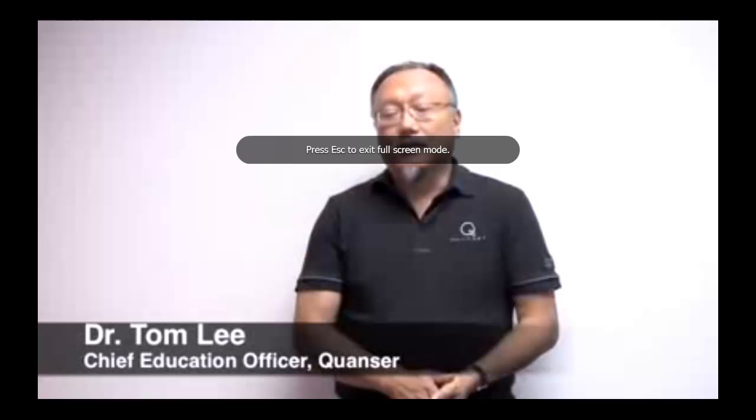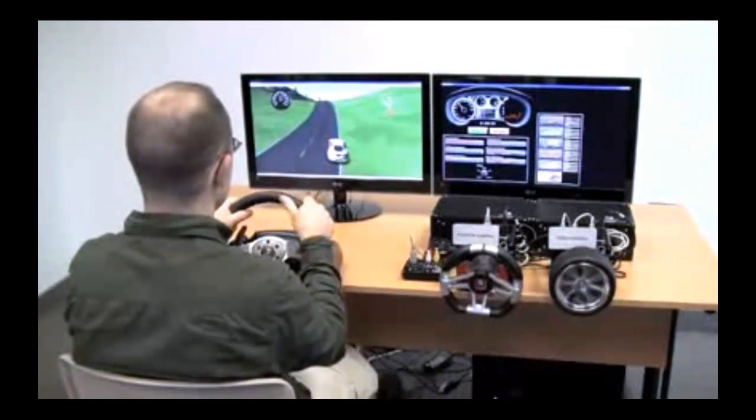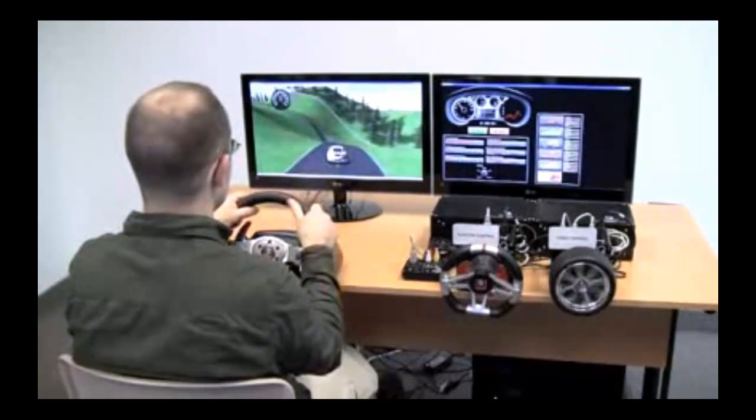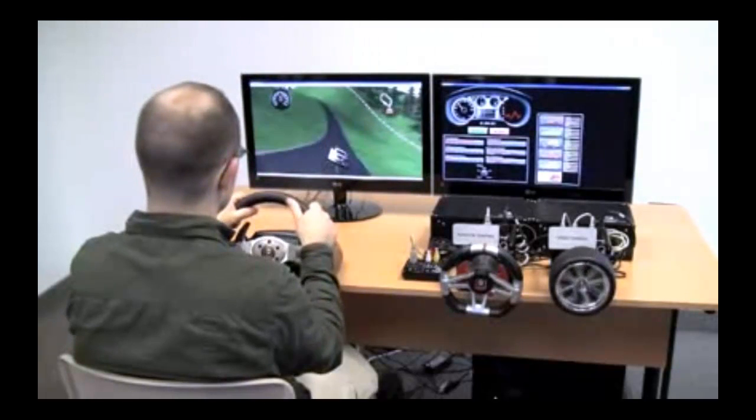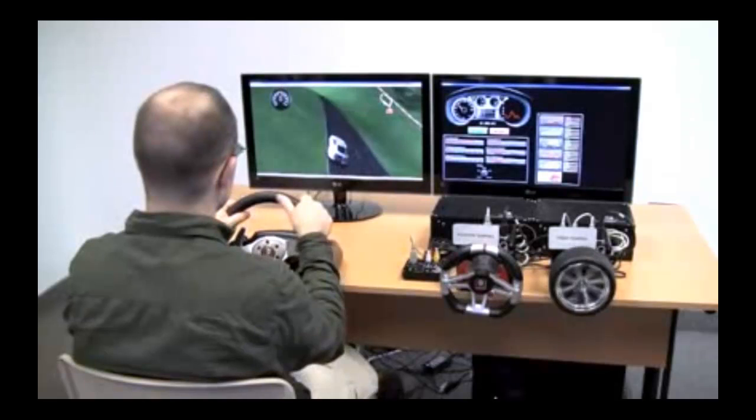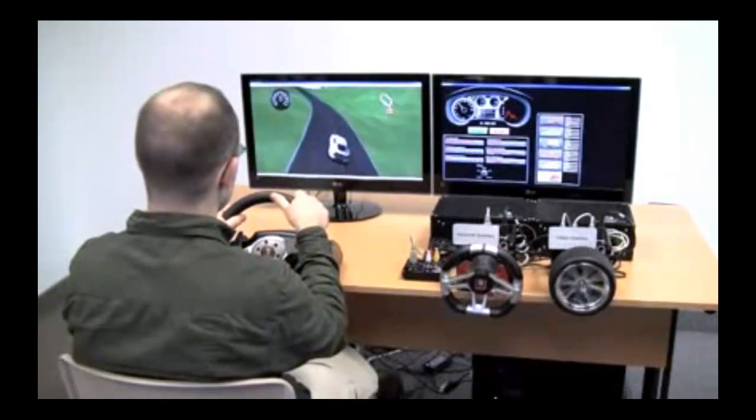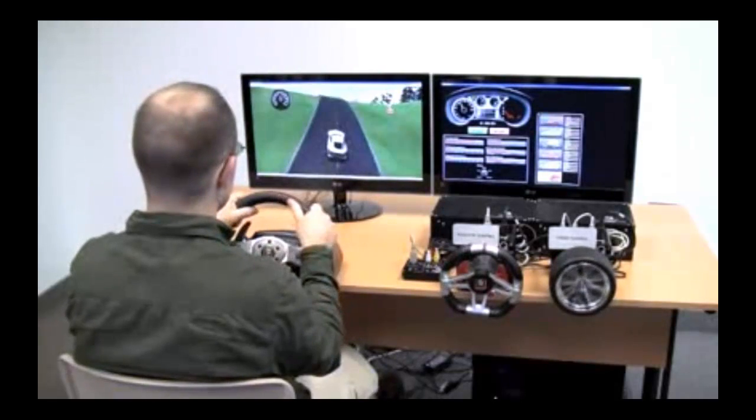Recently, Quanser has been very busy in pushing the boundaries of hands-on experiment techniques, and we've been demonstrating at various conferences a new approach called the Quanser Driving Simulation. And this is a very creative idea. We took the traditional equipment, but added a very rich, motivating application layer, in this case an automotive simulation.